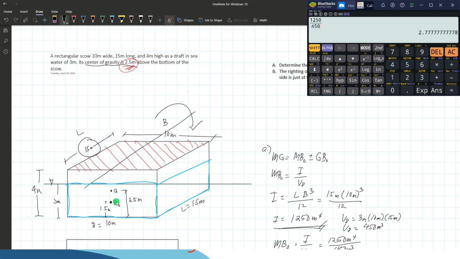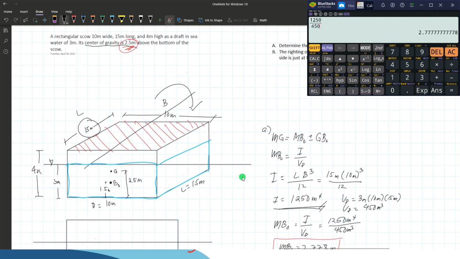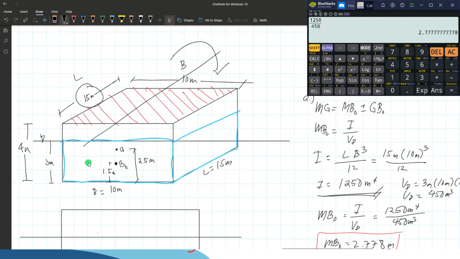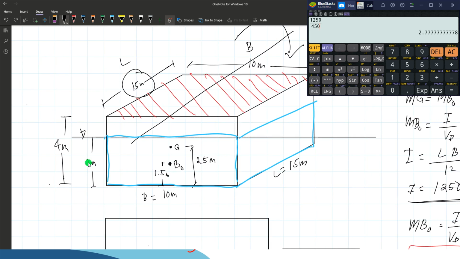So that's your BO. Comparing G and BO, we have 2.5 and 1.5, so the distance between the two is just 1 meter.